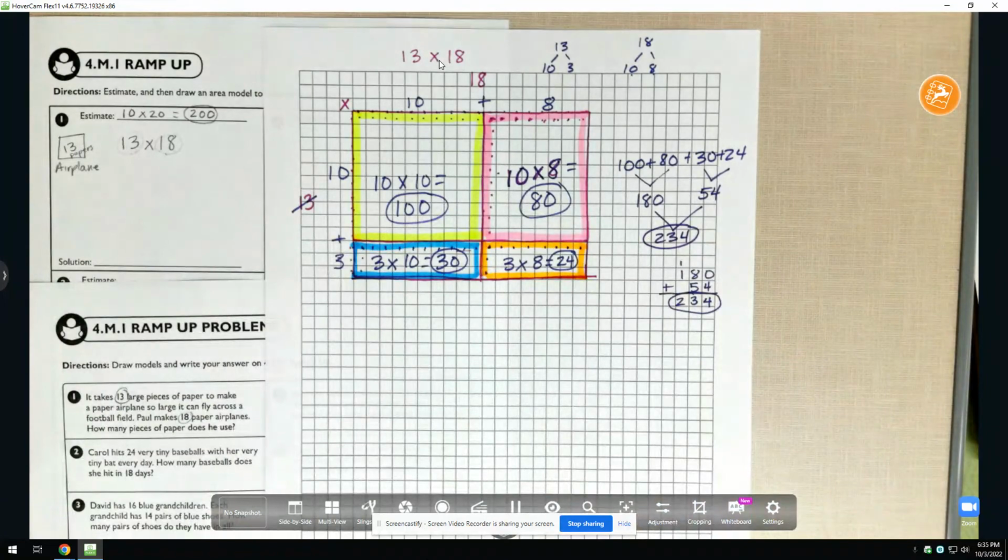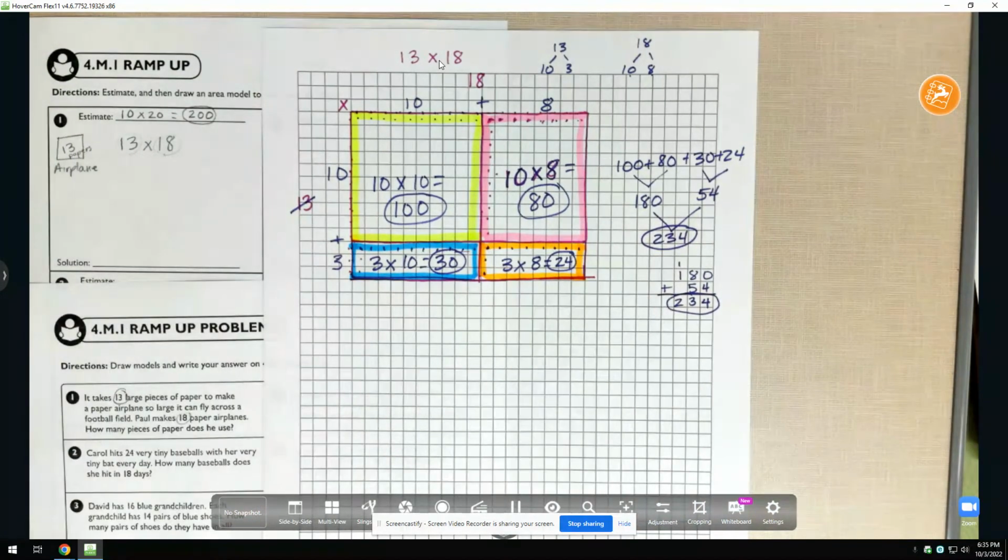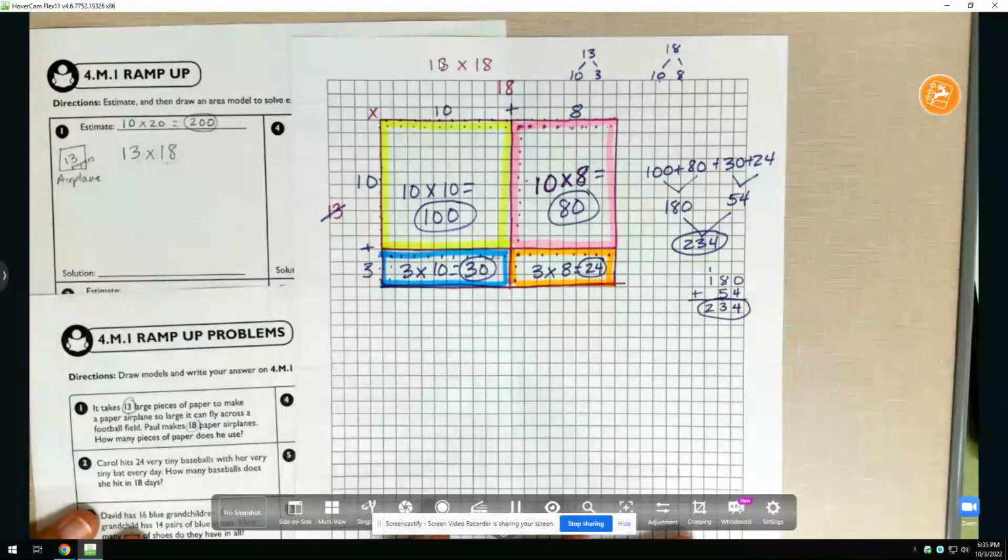All right, so now I'm going to come over here to my recording sheet and record what I did. I'm going to go ahead and use this purple marker just so that you guys can see it clear.